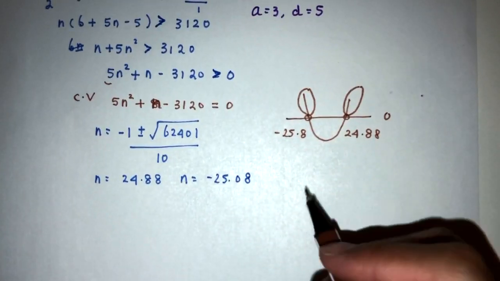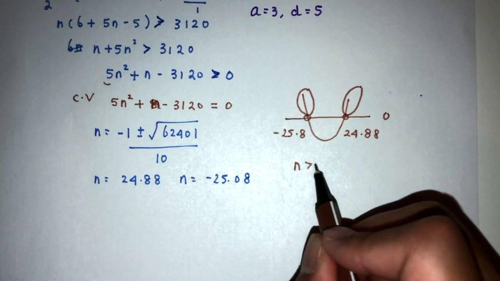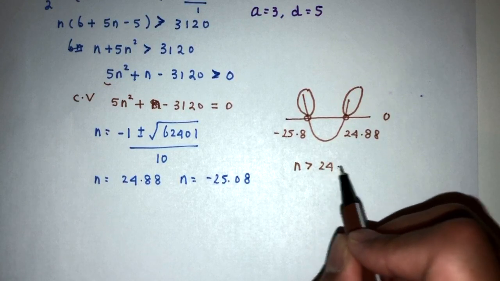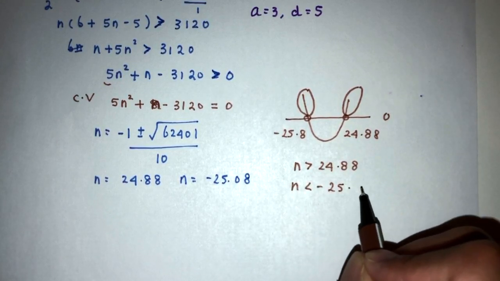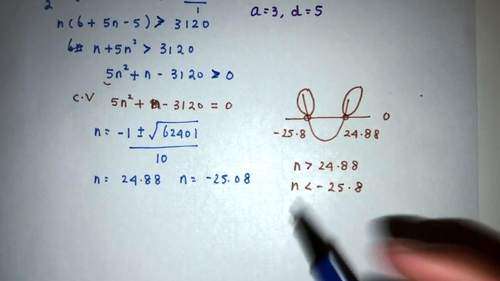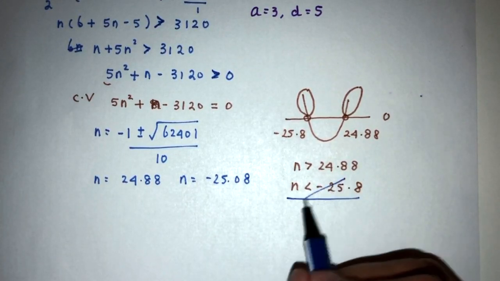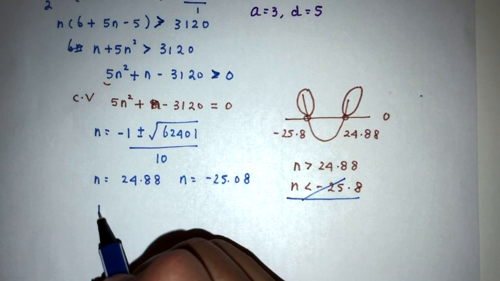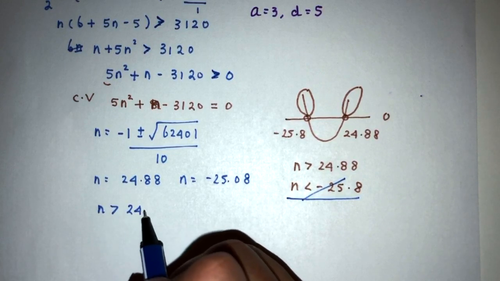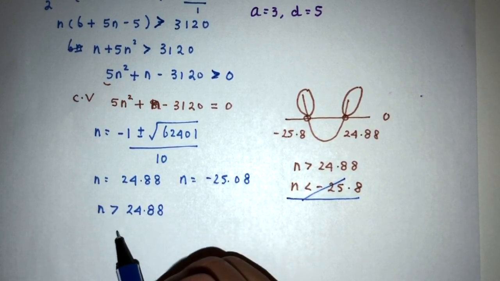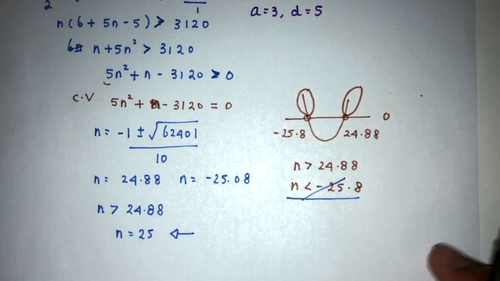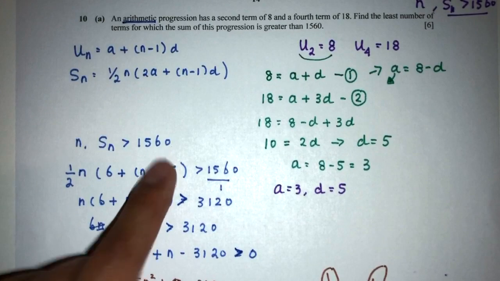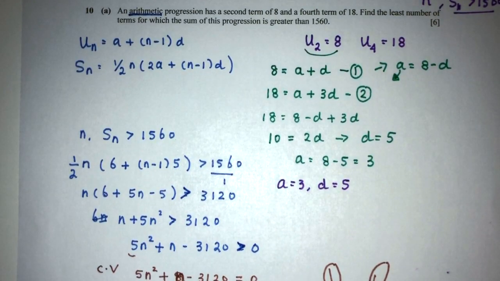So basically here we can conclude that the value of n has to be more than 24.88, or n has to be less than minus 25.8. But obviously n cannot be negative. This will go away. Now we take n has to be more than 24.88, which means the next term is 25. So n will have to take the value of 25, for which the sum will be more than this. That will be part A of the question.